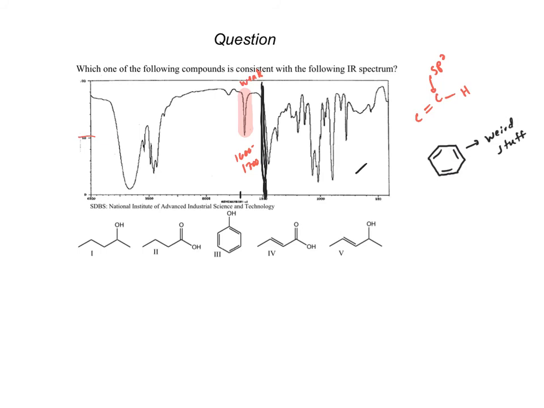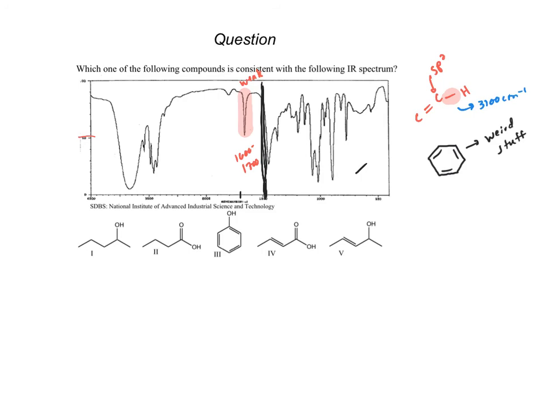If we looked at the bond between hydrogen and the sp2 hybridized carbon, where would this show up? This would be above 3000, particularly at 3100 for a carbon-hydrogen bond where the carbon is sp2 hybridized, right?